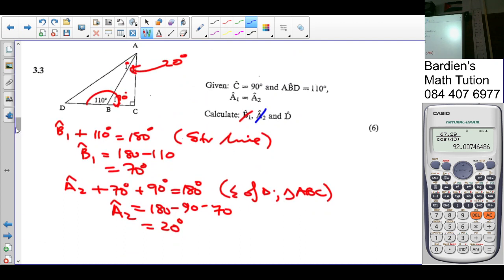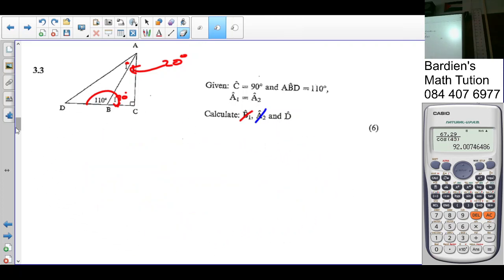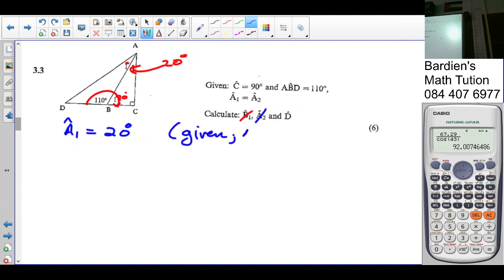Is A1 equal to 20 on the diagram? No. So whatever is not on the diagram, I must state it. So angle A1 is equal to 20 degrees. Why is A1 20? It's given that angle A1 is equal to A2. And A2 is 20, so A1 has to be 20.